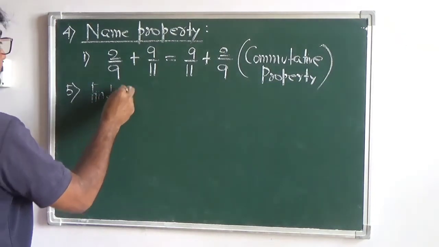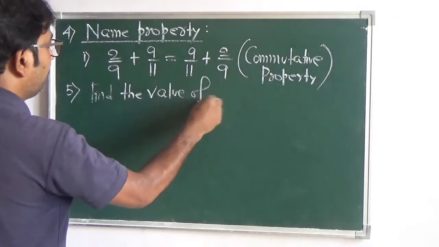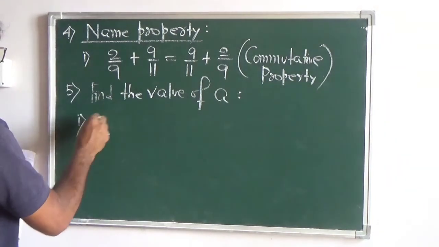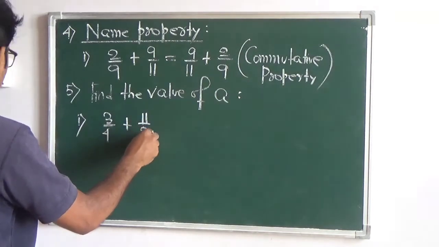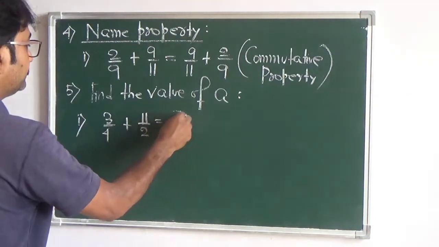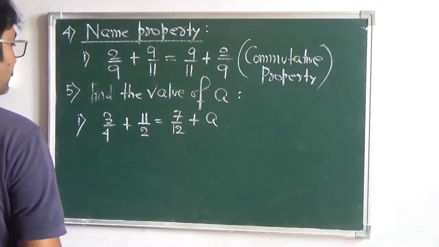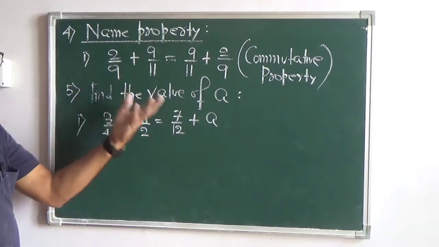Find the value of A. So in question number 5 we need to find the value of A. So the first one is 3 by 4 plus 11 by 2 equals to 7 by 12 plus A. So you can shift this number to this side and simplify it.